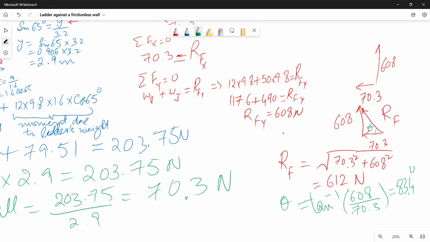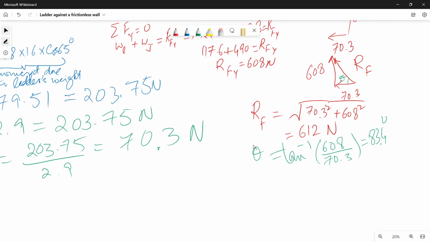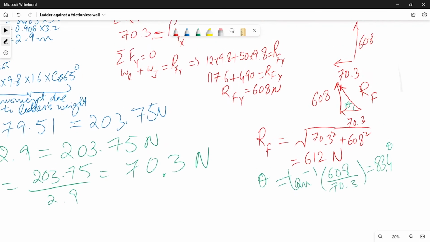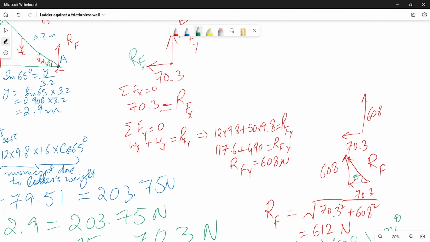So the floor reaction is actually 612 Newton at an angle of 83.4 degrees. We found this by using translation equilibrium, which says sigma Fx and sigma Fy should be equal to 0.